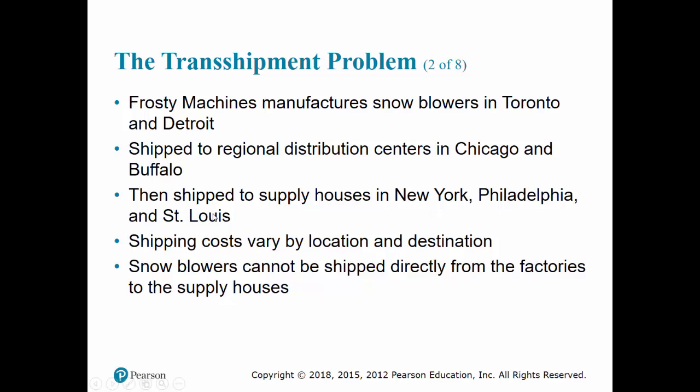So two plants, then two warehouses, and three destination points. Okay, so shipping costs vary from location to destination, and snowblowers cannot be shipped directly from factories to the destination points. It has to go through the warehouses.